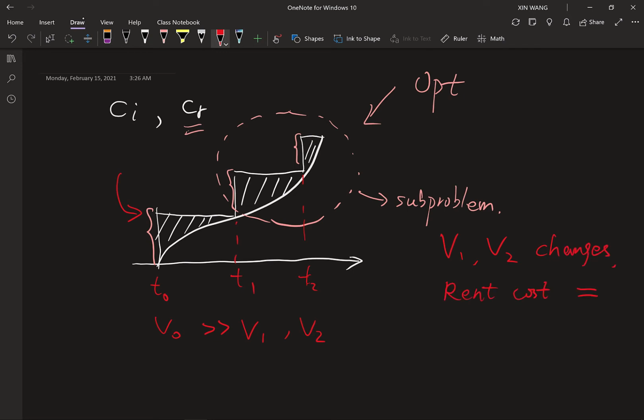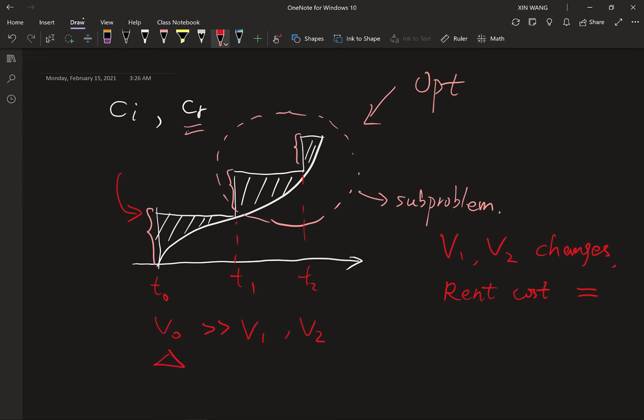So this causes a problem, because when we try to solve the subproblem, we need to consider the rent cost, but when we adjust our decision variables on our schedule, our rent cost will not be affected. If we don't know v0 when we solve the subproblem, we cannot tell when the rent cost will be affected. Definitely if v1 or v2 is greater than v0, the rent cost will change.